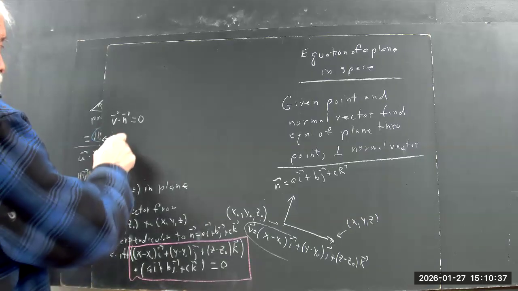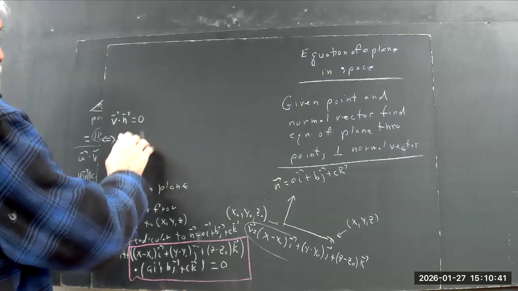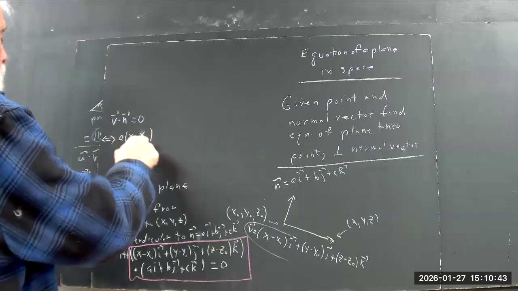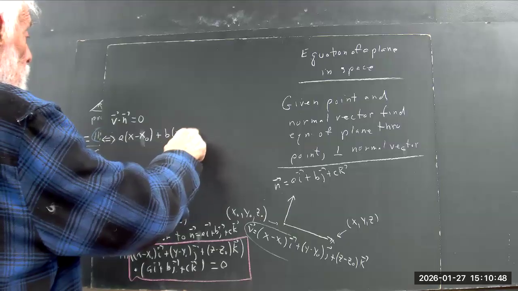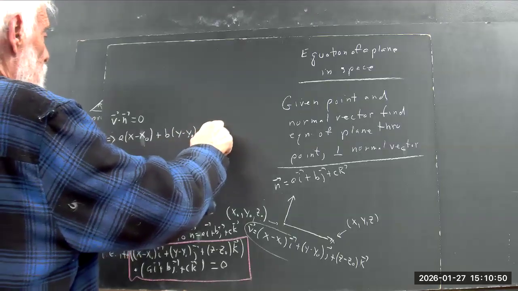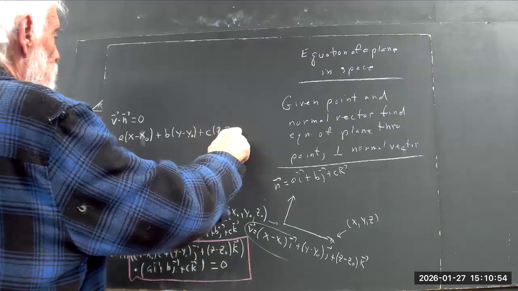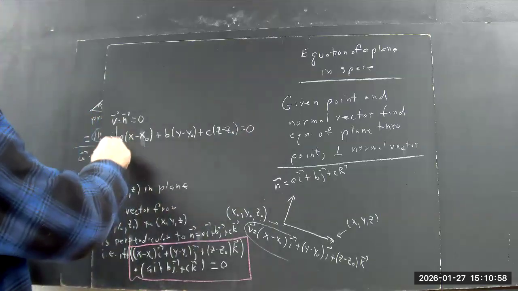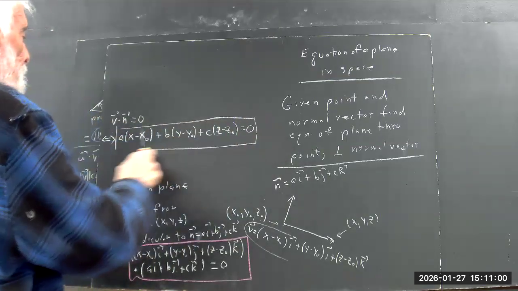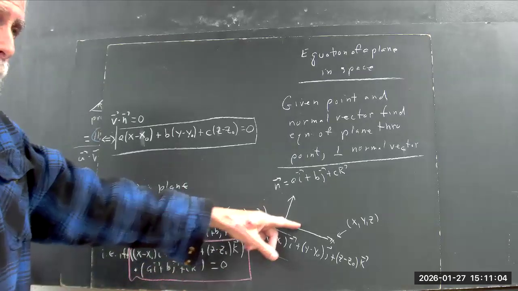This is equivalent to saying a times x minus x naught, plus b times y minus y naught, plus c times z minus z naught equals 0. Well, this is an equation of the plane.